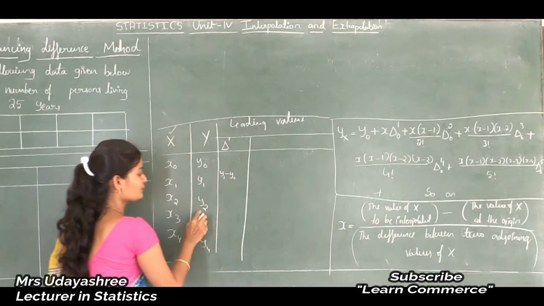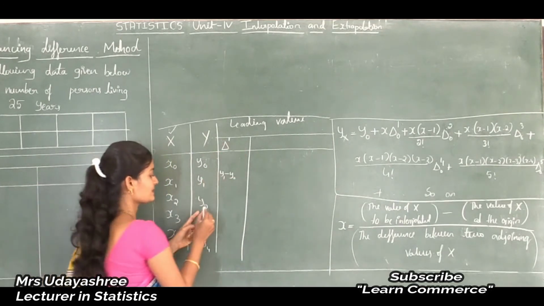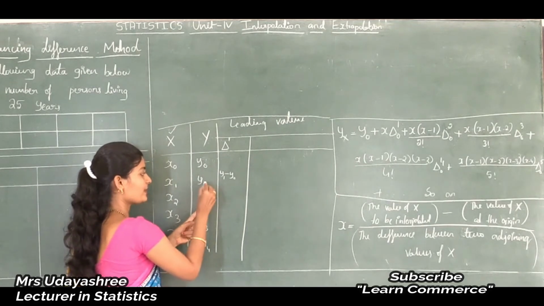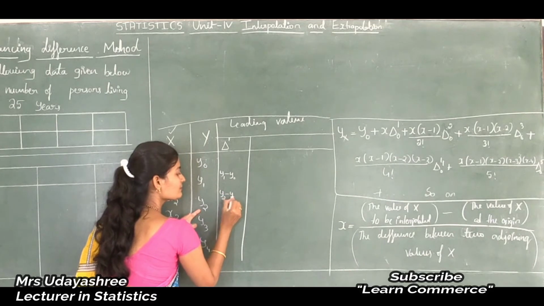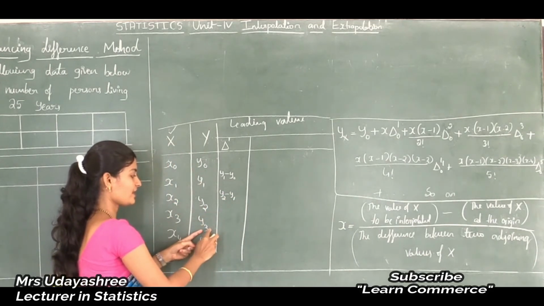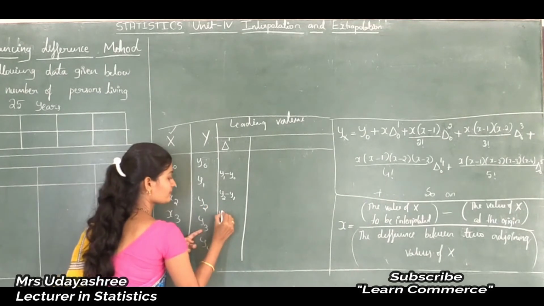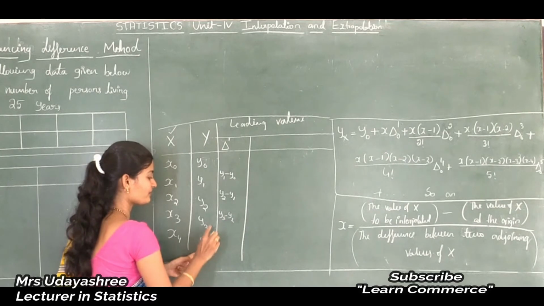Okay, next, to find the second term of the first leading difference, that is the third value minus the second value. So this is y2 minus y1. Like that, here it is y3 minus y2, and here it is y4 minus y3.